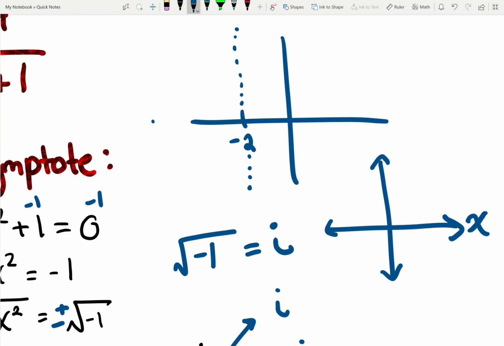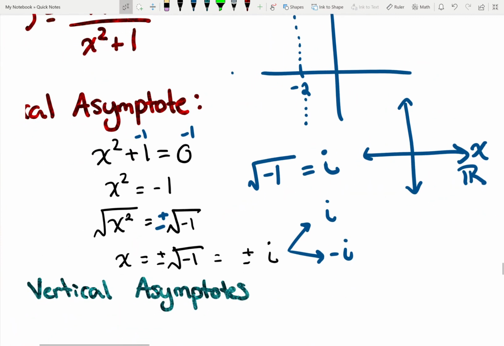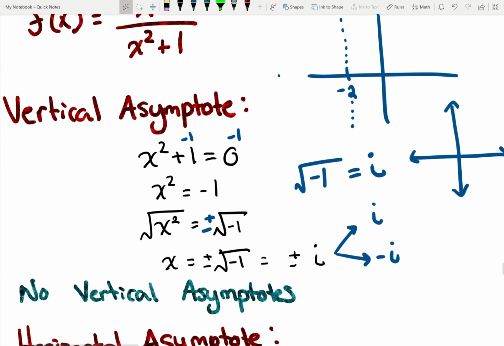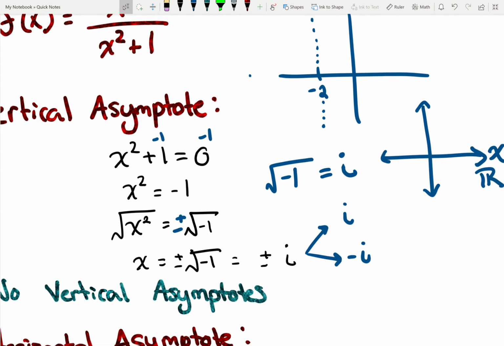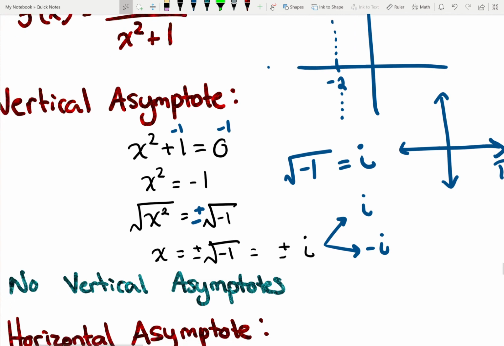Remember, the x-axis contains all the real numbers. And guess what? i is not part of the real numbers. So there is no i on this line. That means there is no vertical asymptote. So there you go. If an i ever pops up, just know that there's no vertical asymptote for it.